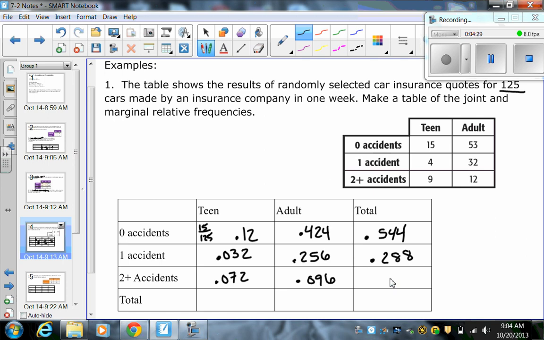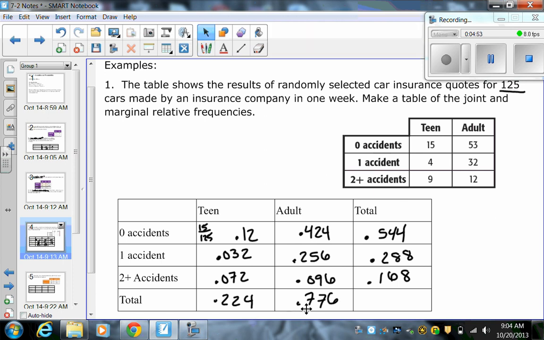If I add these two up for this row total, I get 0.168. 0.12 plus 0.032 plus 0.072 would equal 0.224. 0.424 plus 0.256 plus 0.096 would give me 0.776. 0.224 plus 0.776 is 1, and 0.544 plus 0.288 plus 0.168 is 1.